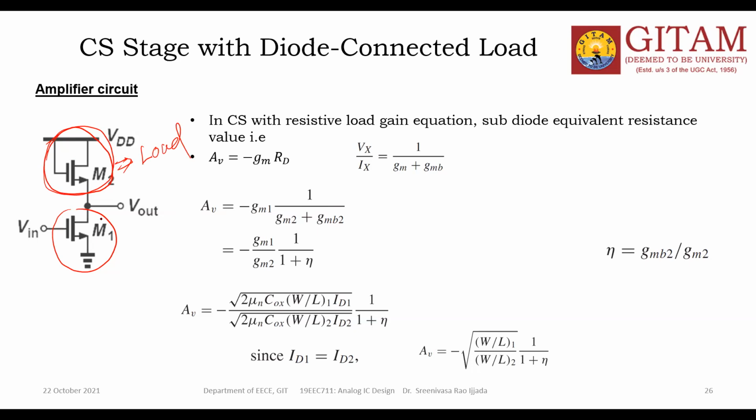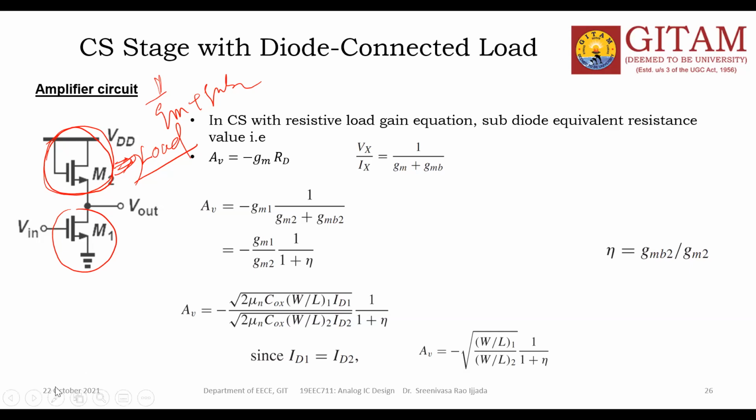This is M1, this is M2. For M2, we already did the exercise: the resistance offered is 1 by gm plus gmb. Earlier, in common source with resistive load, RD was the external value we took.